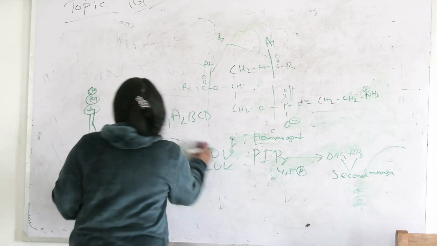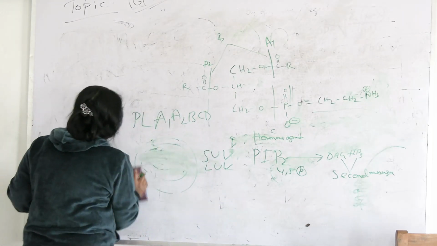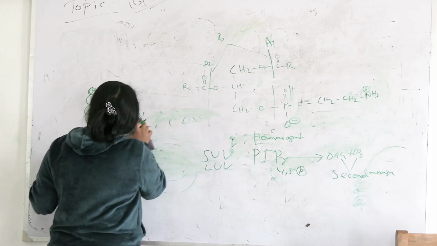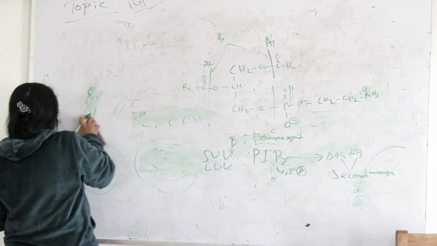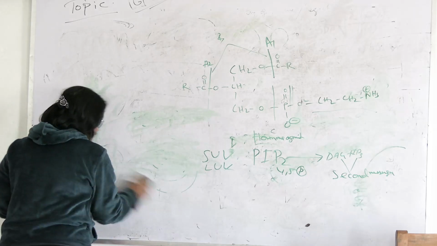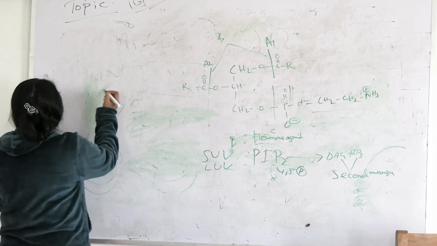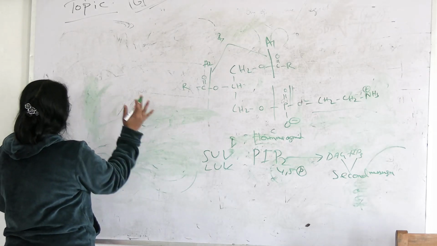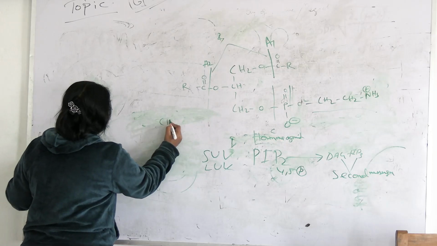Other than that, you have to know a little bit about sphingosine structure. I don't know whether they will give the sphingosine structure or not, I am just telling you, and I will tell you the ceramide to remember. Sphingosine is an 18-carbon amino alcohol.